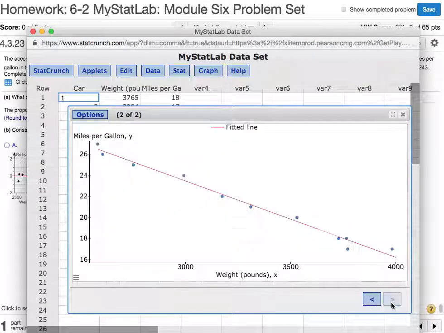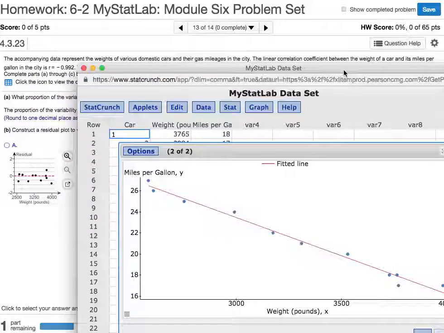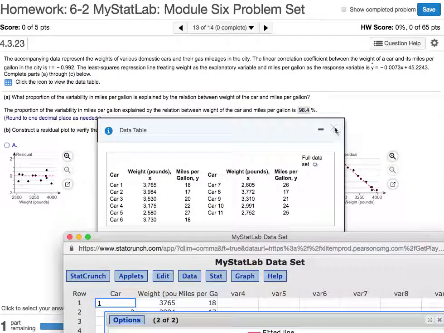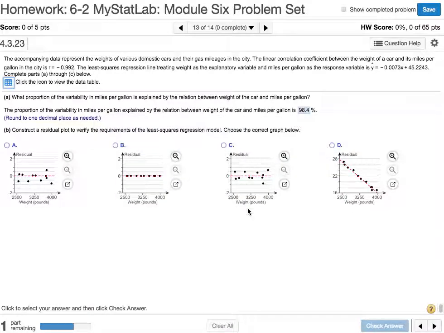Here they have a fitted line for miles per gallon and weight in pounds for X. But what we're looking to graph instead is the residual plot of the least squares regression model.